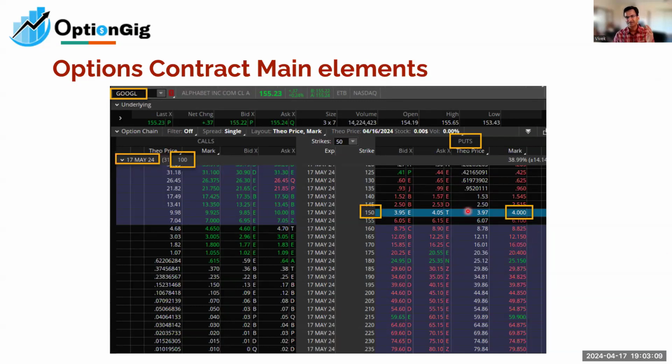Instead of saying sell, because I bought a put contract, it gives me a right to put the stock at 150 till 17 May 24, and the stock is Google. And for this, I paid $4. So those are all the elements of any option contract that we need to understand.